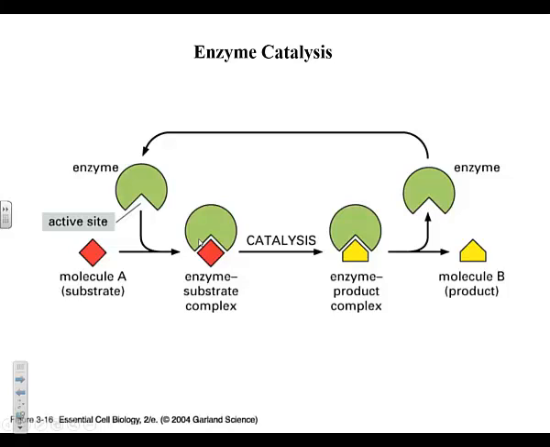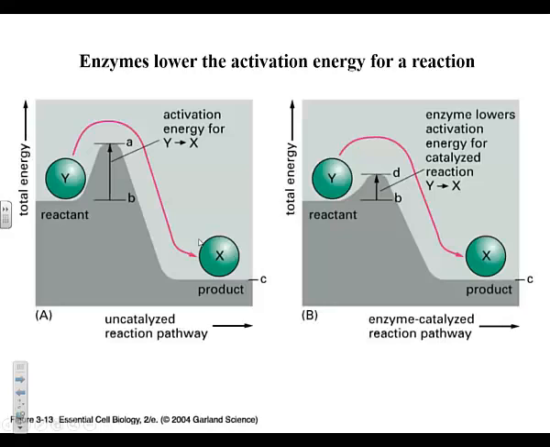The timing, then, of the enzyme: it has to be able to hold on to that substrate long enough for the actual chemical reaction, the bond, the exchange of energy that occurs in converting the substrate to the product, in order to facilitate or catalyze that reaction. And it does that by lowering the energy needed for A to be converted to B. So the enzymes are lowering the energy.